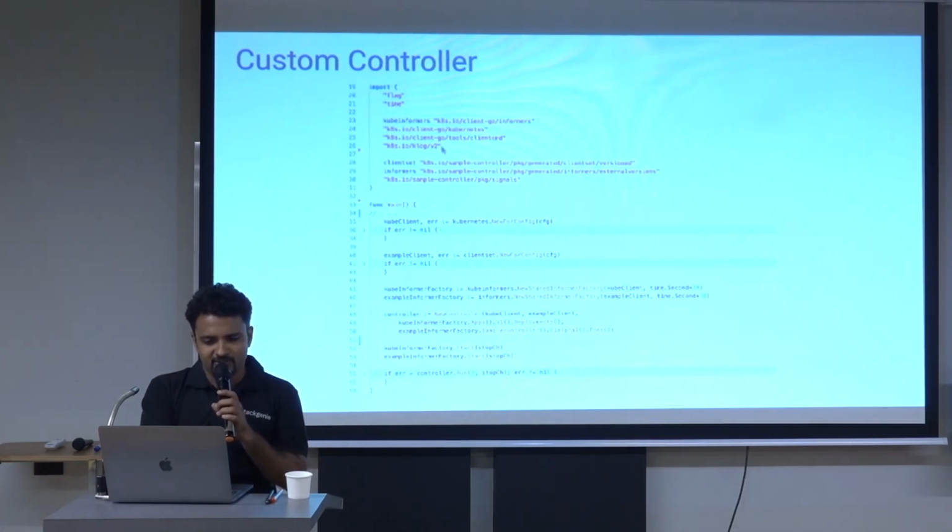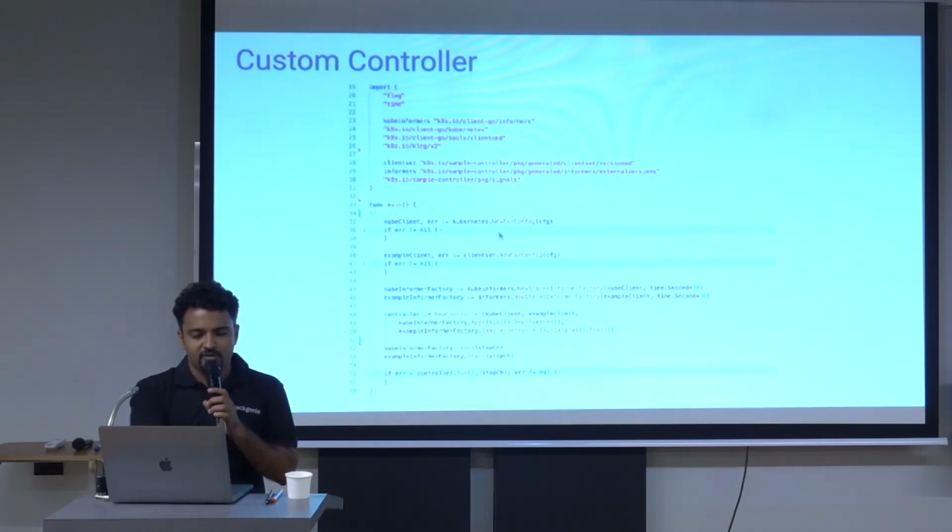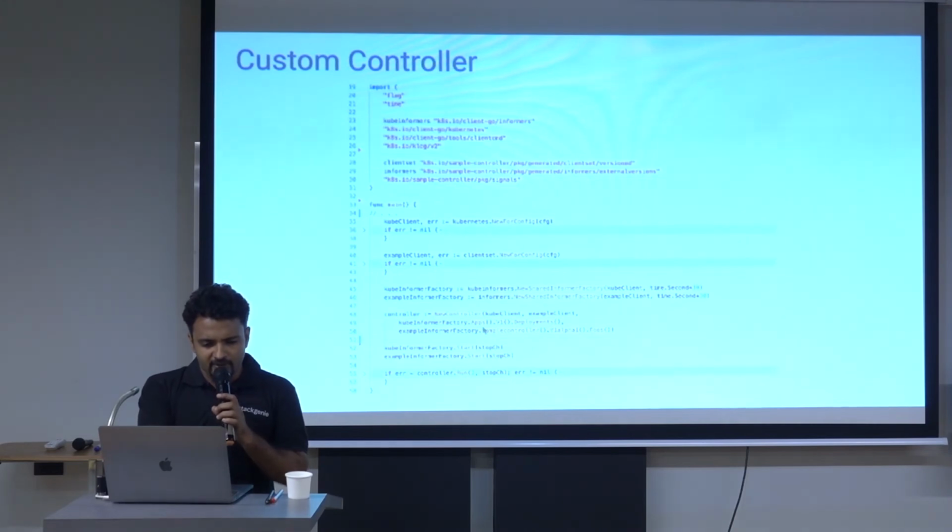The first part is the import section, and the key things I wanted to mention: in the first section we connect to the Kubernetes API server, which it does by loading the configuration, the kubeconfig file. And then the informer is another thing.